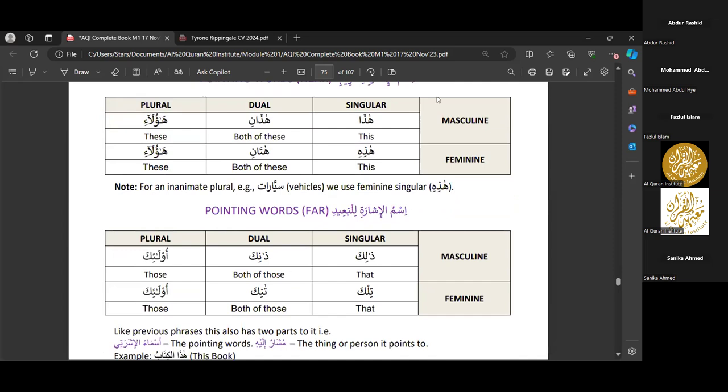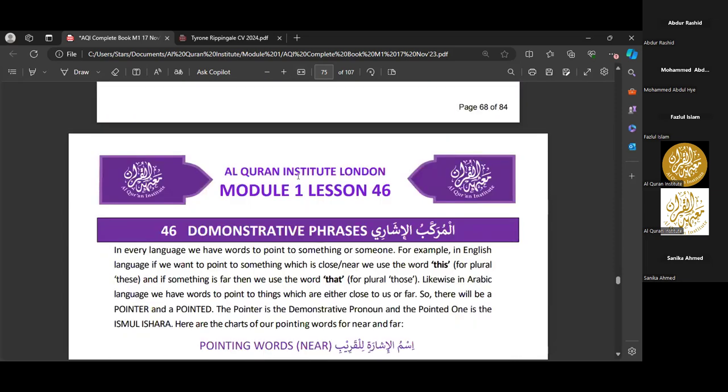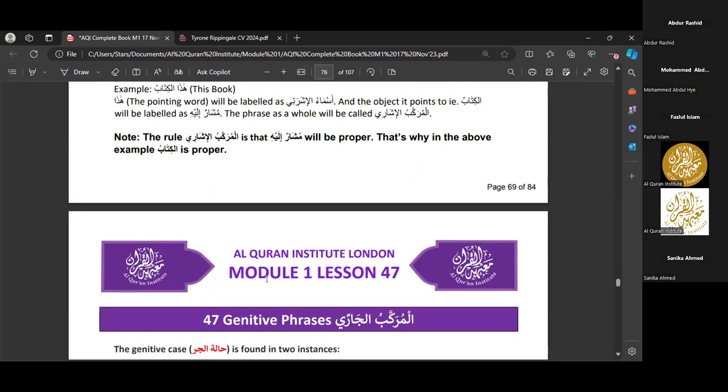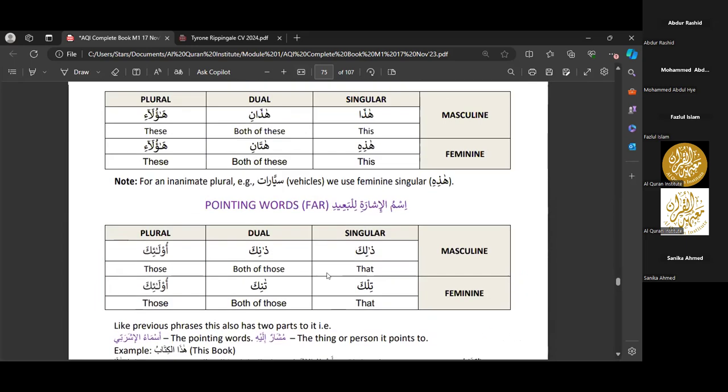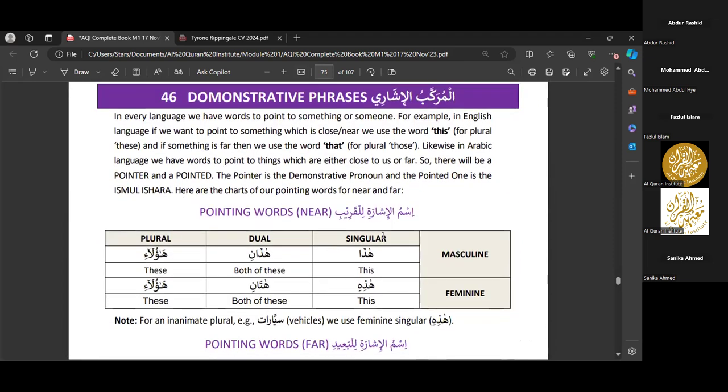Ustad, Dr. Mahmoud, is this extra lesson just one page? Yes, one page, and then the genitive phrase goes into a bit more detail, but for the demonstrative phrase, that's the only thing.